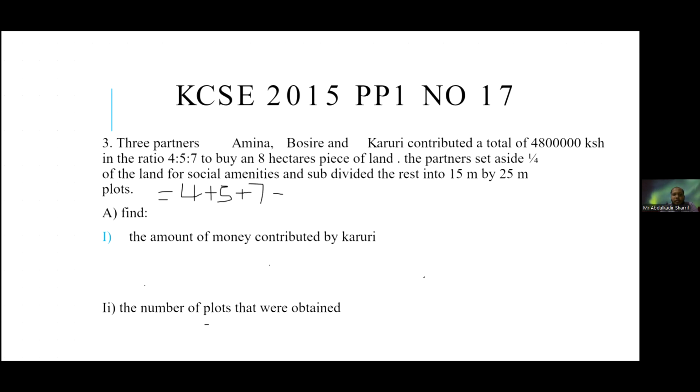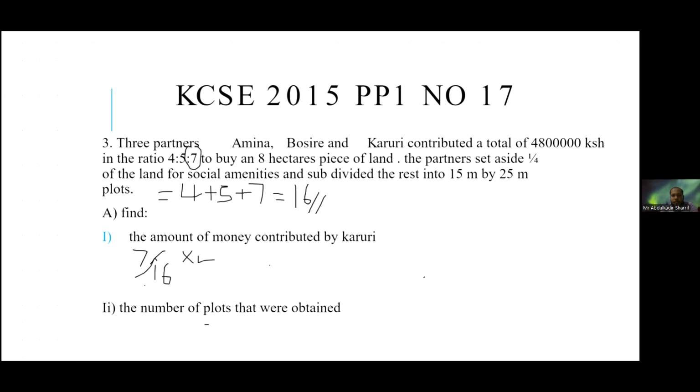So the amount of money contributed by Karuri is very easy. Karuri has a share of 7. So it'll take 7 over the total, which is 16. You'll multiply by 4,800,000.